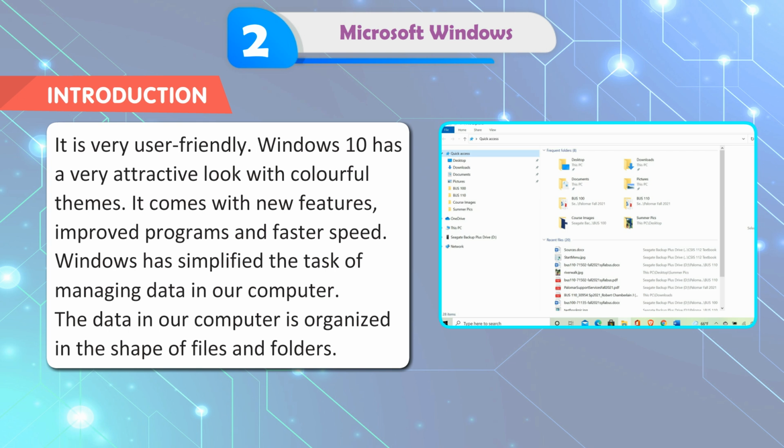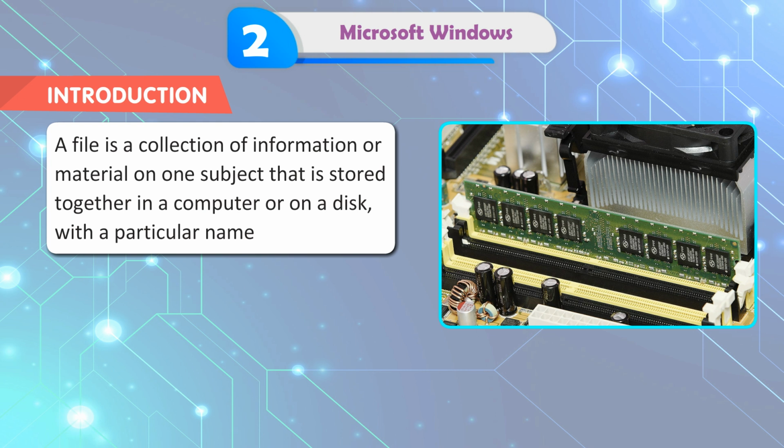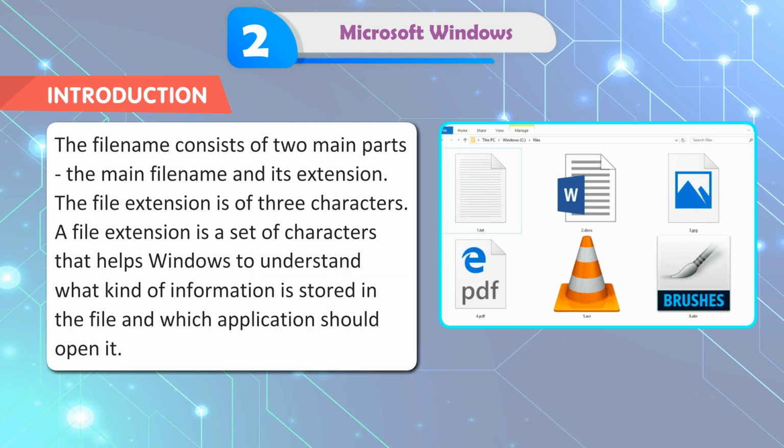The data in our computer is organized in the shape of files and folders. A file is a collection of information or material on one subject that is stored together in a computer or on a disk with a particular name. The file name consists of two main parts, the main file name and its extension.